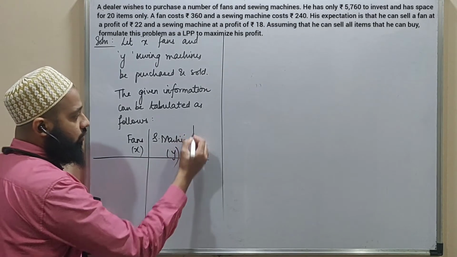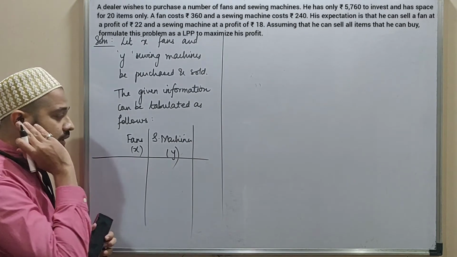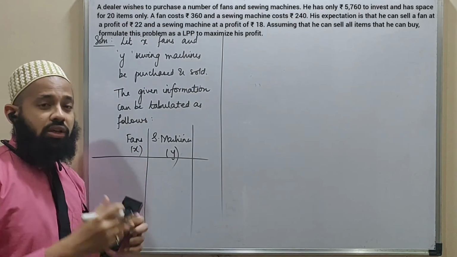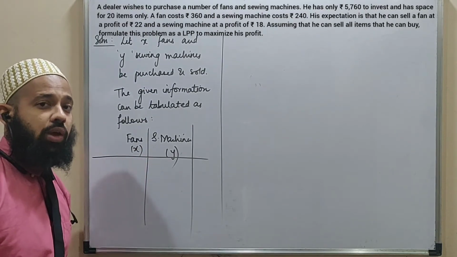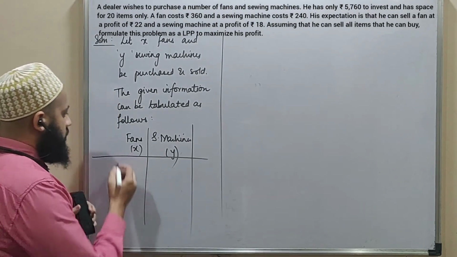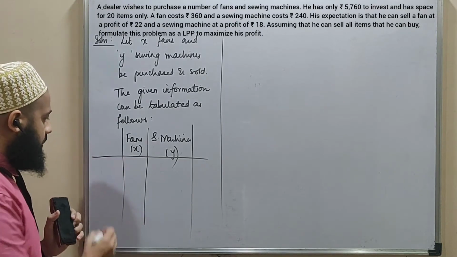The first thing that you realize is that he has a particular constraint on two things. He has rupees 5,760 to invest, and the maximum space that he has is for 20 items. So accordingly, the constraints under which he has to do his business will be written here.